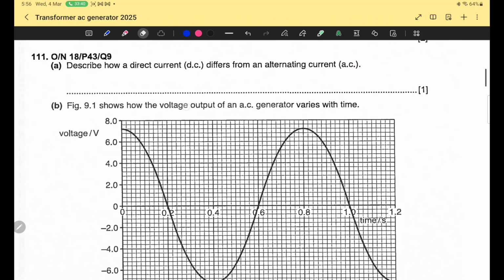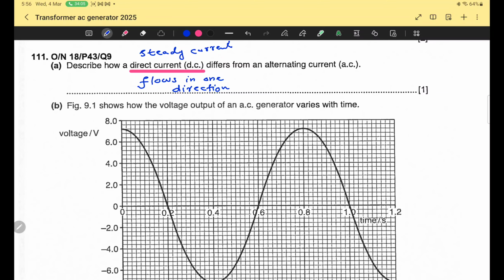And now, what is the difference between DC and AC? DC flows in one direction, and DC is a steady current.